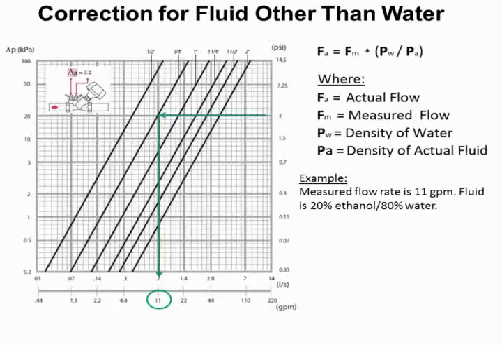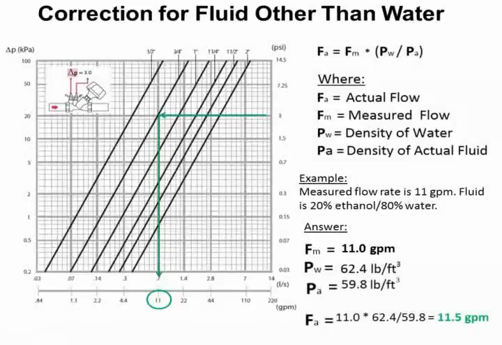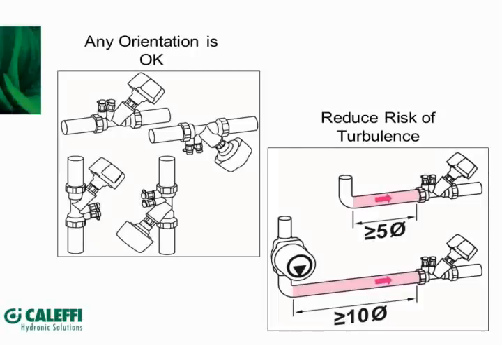Our measured flow rate, as we showed in that prior example, was 11 GPM, but we're not using water, we're using this antifreeze. We simply take our 11 GPM that we calculated and multiply it by the ratio of the two densities, giving us 11.5 GPM. So that's how you would handle fluid other than water using the charts.